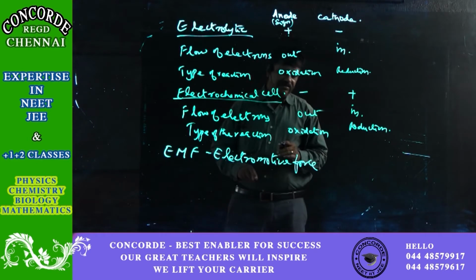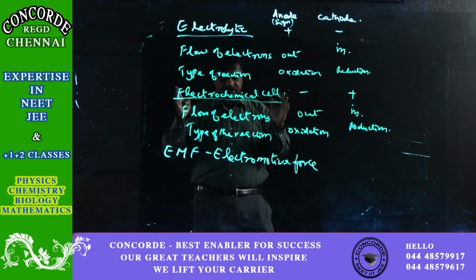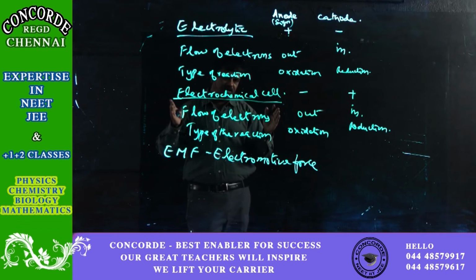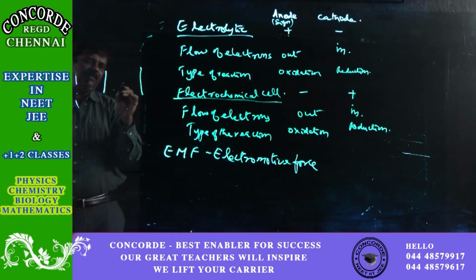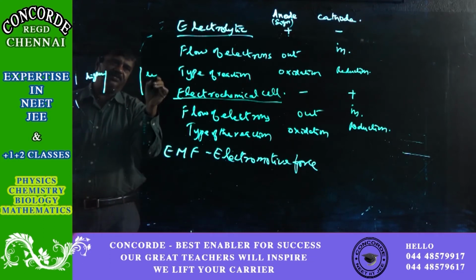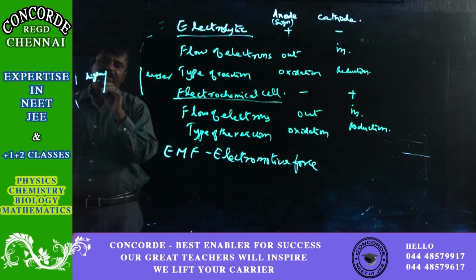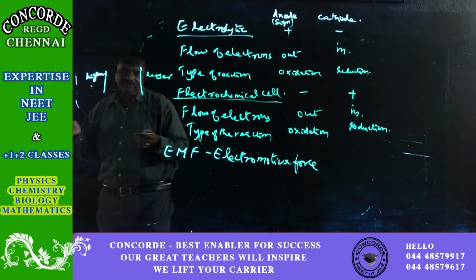with a specific force. If there are two ends, an anode and a cathode, and one has a higher potential and the other a lesser potential, the thing will move from the higher potential to the lesser potential. You know it very well.